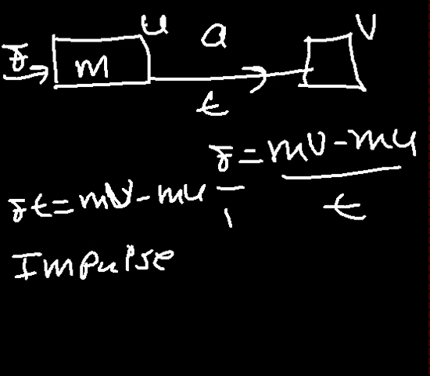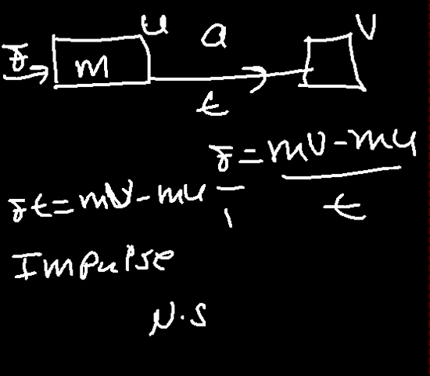So what is an impulse? It is the product of the force as well as the time. Basically it is given in newton second. That is an impulse, the product of force as well as the time.